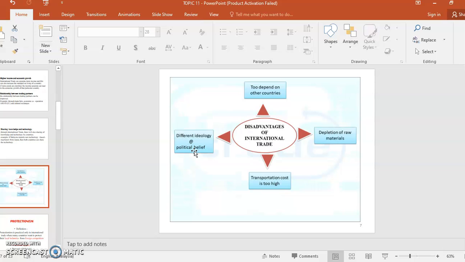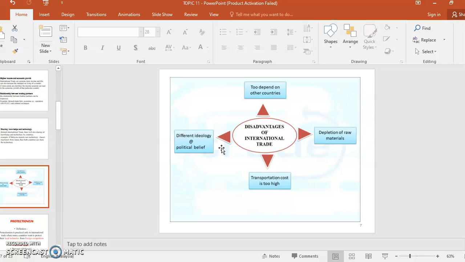We can differ in terms of dia punya belief lah, kepercayaan dia. Mungkin contohnya kita tak boleh nak import lembu daripada India. Why? Sebab dia percaya lembu adalah Tuhan dia. Contohnya India banyak lembu, tapi tak boleh nak import lembu daripada sana sebab dia percaya lembu tu adalah Tuhan dia.